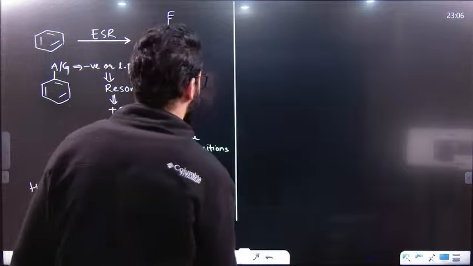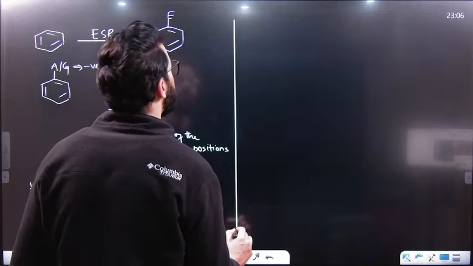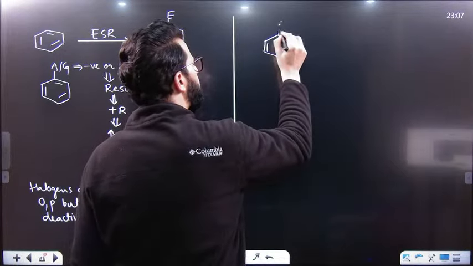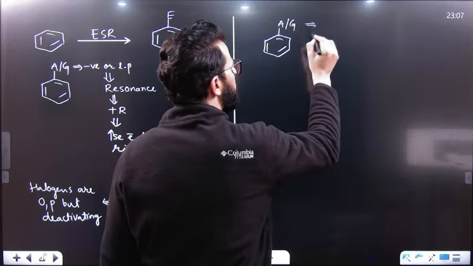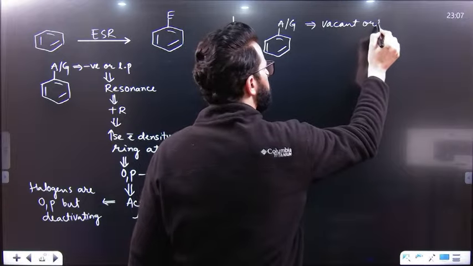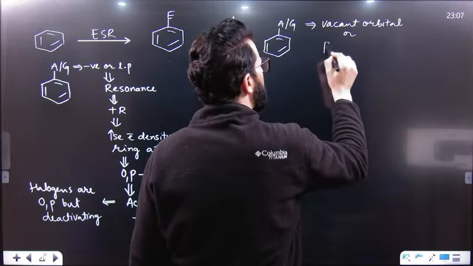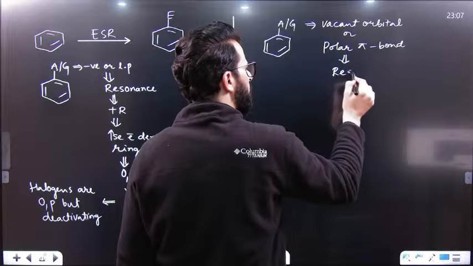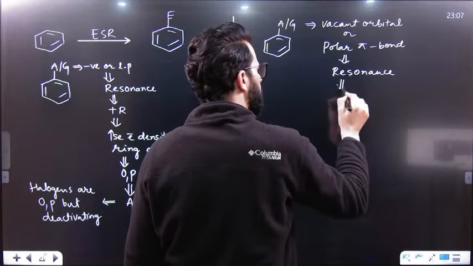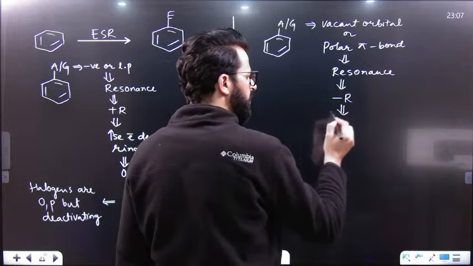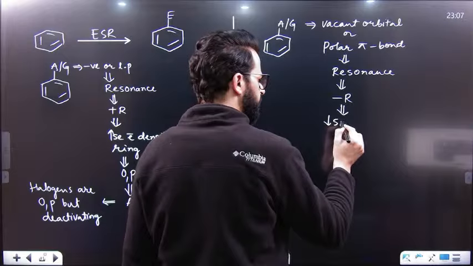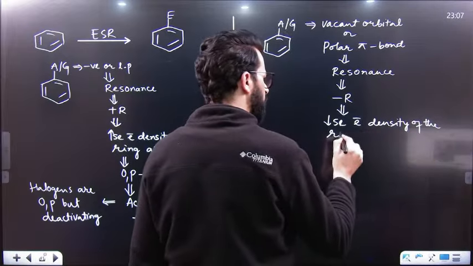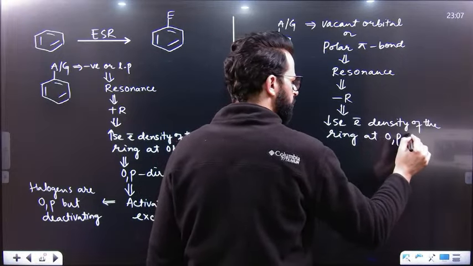After this, you have to remember: if we have an atom or a group which has a vacant orbital or a polar pi bond and shows resonance, then remember they show minus R, and they decrease the electron density of the ring at ortho and para positions.